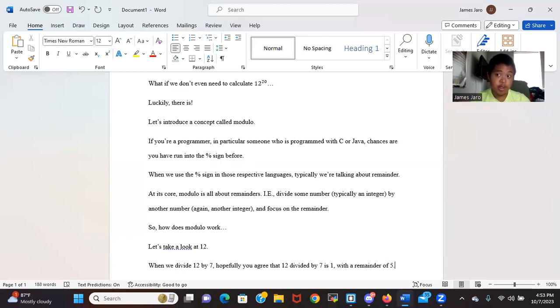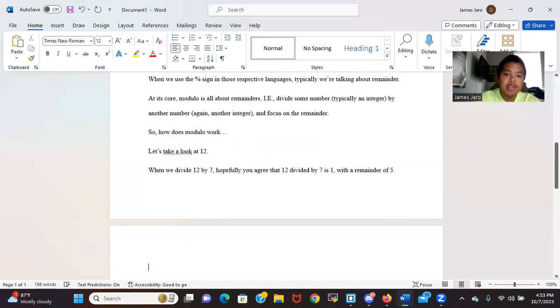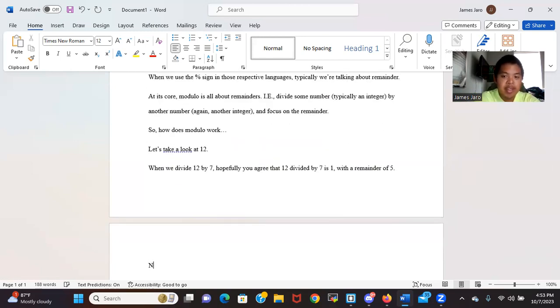Again, this is just doing basic long division, just like how we've been taught in middle school, heck, even elementary school when we had to learn about multiplication and division. So nothing too crazy. So one way we can write this is as follows.